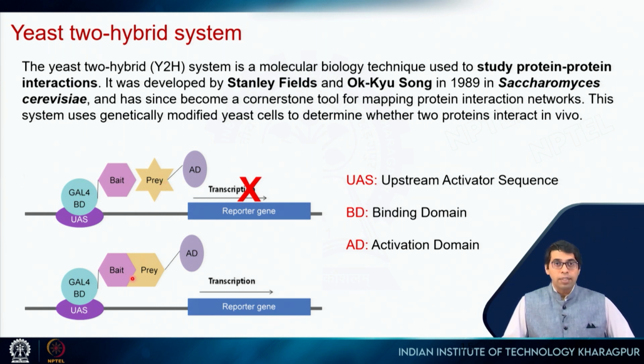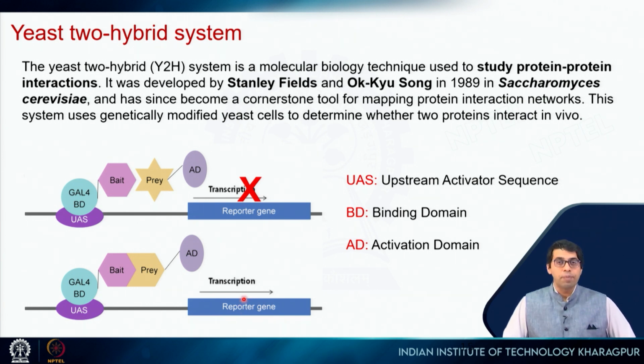If they interact, then bait and prey come together. So, they are binding tightly. GAL4, the binding domain, will bind to this upstream sequence. So, it will bring in this activation domain and it will activate the transcription of this reporter gene.